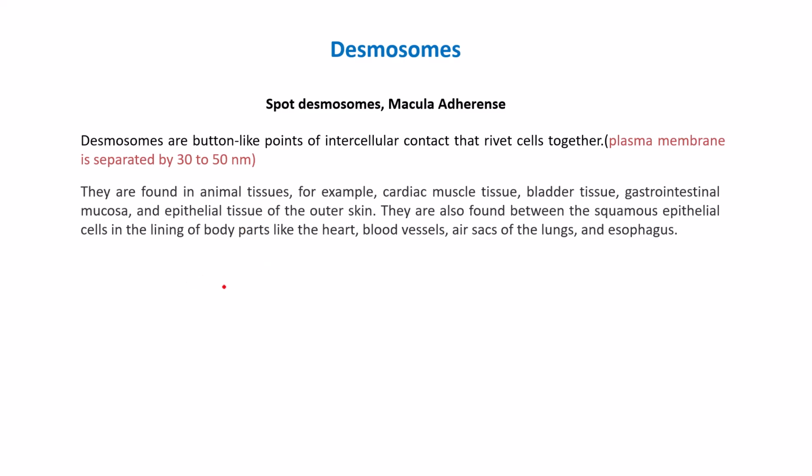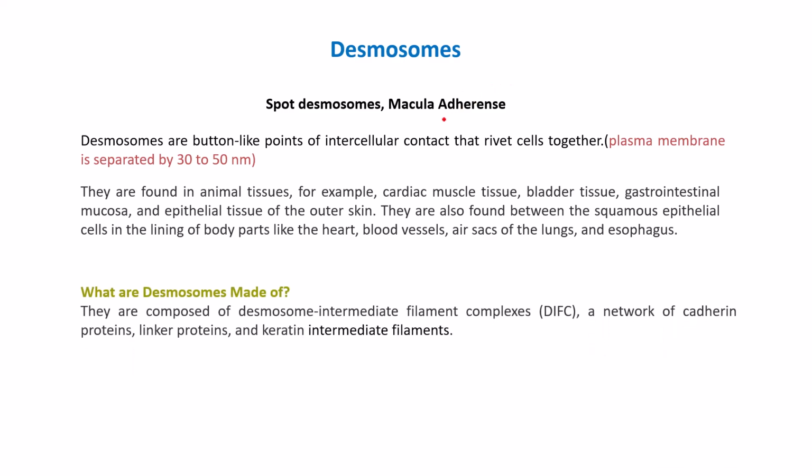They are found in most tissues subjected to mechanical stress, like bladder tissues, gastrointestinal mucosa, epithelial tissues, cardiac muscle cells, or cells which are working continuously, right? So they are present on those cells. Blood vessels, air sacs of lungs, esophagus, right?